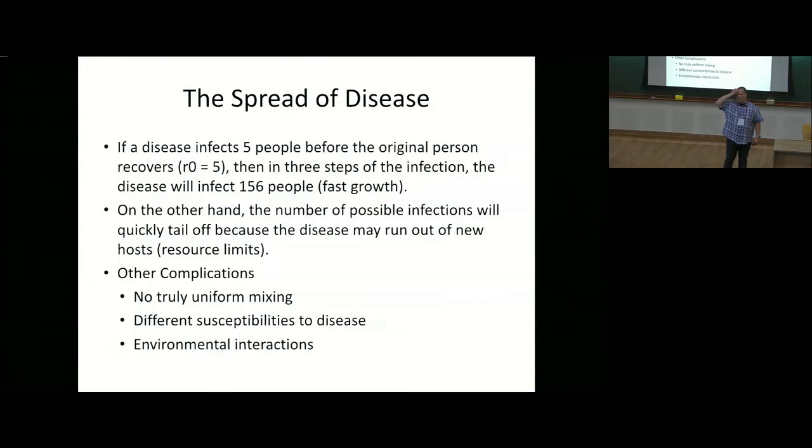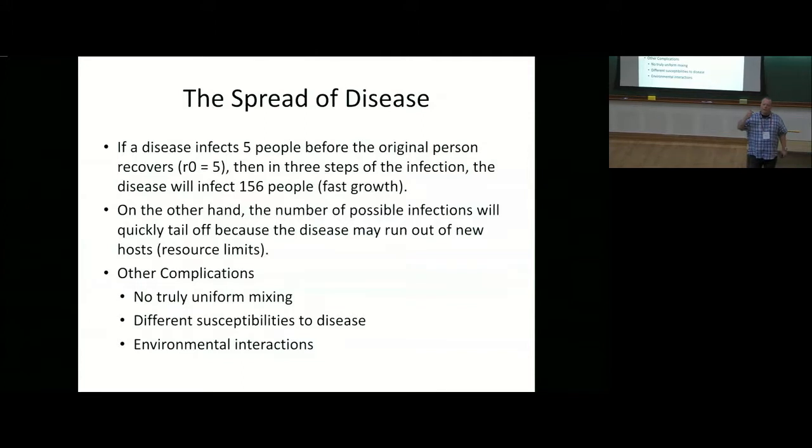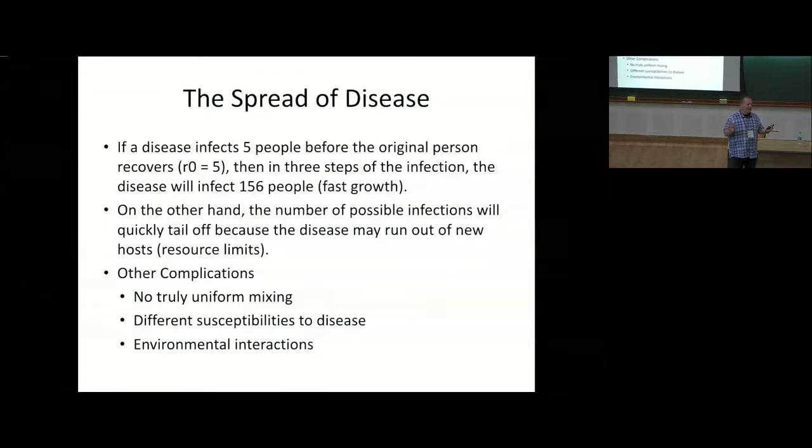Now, there's a problem with those models. First of all, they don't tend to take into account that there really is no such thing as uniform mixing. The probability of me interacting with all of you is much different than the probability of, say, me interacting with Donald Trump. And so there is no uniform mixing of everyone in the population.